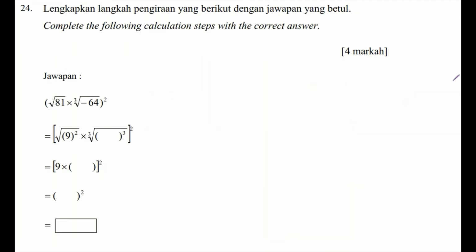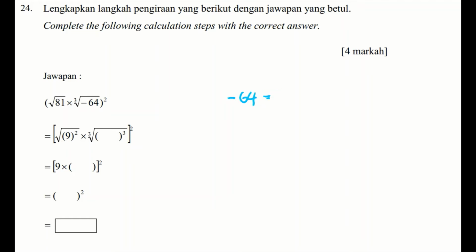Question 24. Complete the following calculation steps with the correct answer. So this question involves cube and square, and also cube root and square root. The first thing you need to consider here is negative 64.